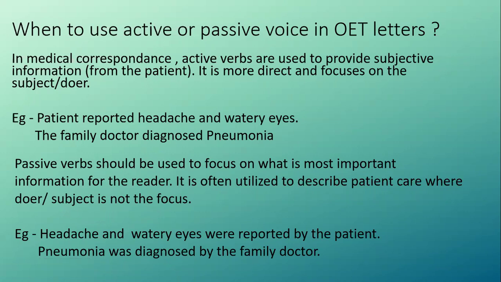So the focus has to be either on the patient, or it can be on the diagnosis or the treatment, rather than being on the person who did that. Because, of course, a healthcare staff would have done all that. So, rather than telling them that we did it, or the staff did it, or the family doctor did it, we change it. This is the difference between using actives and passives in OET letters.